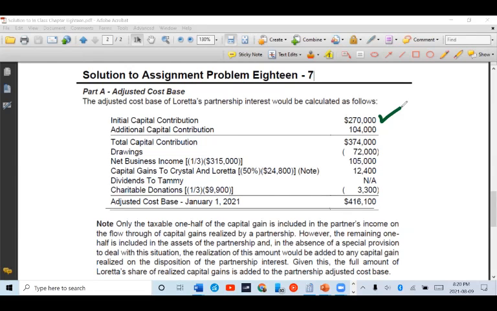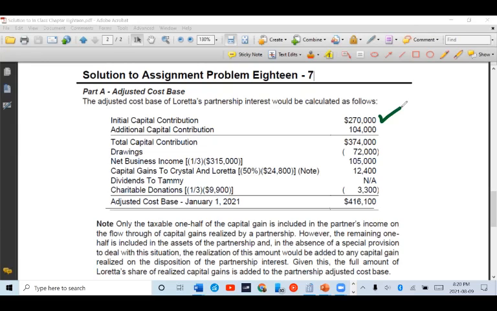It tells us some information about the partnership agreement. It says the partnership agreement contains the following provisions with respect to the allocation of items to the individual partners. Both net business income and charitable contributions are going to be shared equally, so a third, a third, a third. Any capital gains realized by the partnership will be allocated 50-50 to Crystal and Loretta, so Tammy's not receiving any of the capital gains.